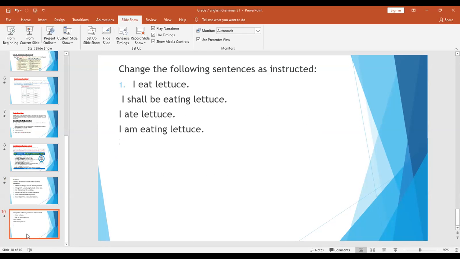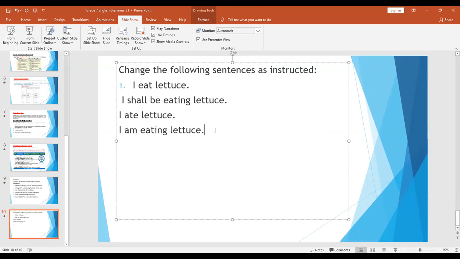Let's try another one. So let's say that's number 2. That was the first sentence we had to change on top. He will be playing FIFA. He will be playing FIFA. That's the future continuous tense.